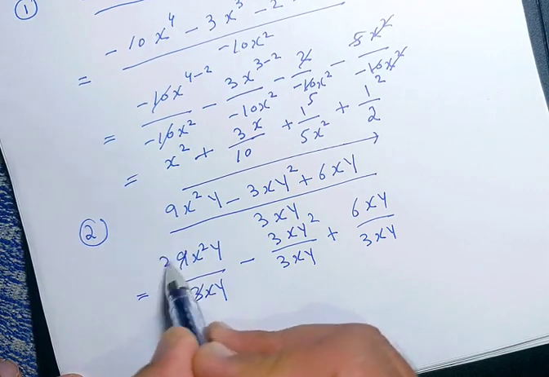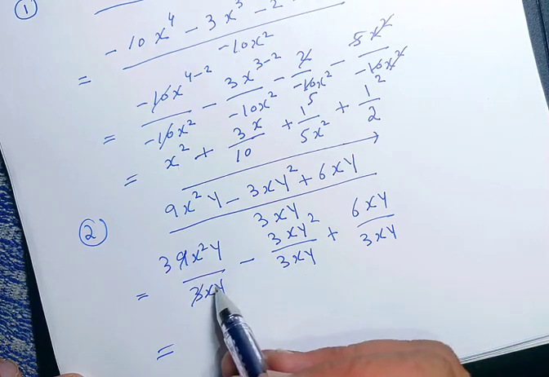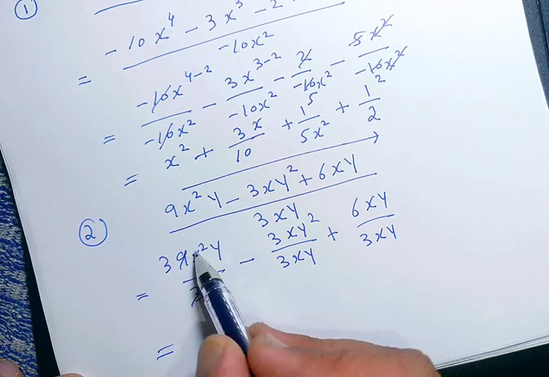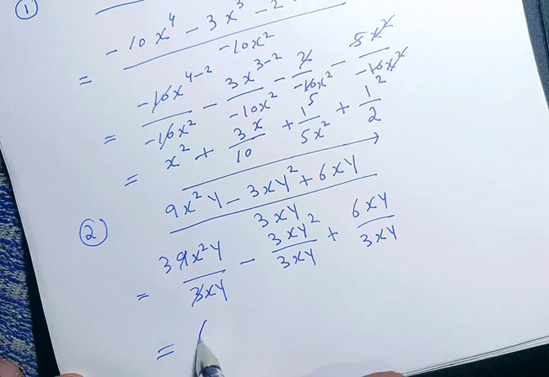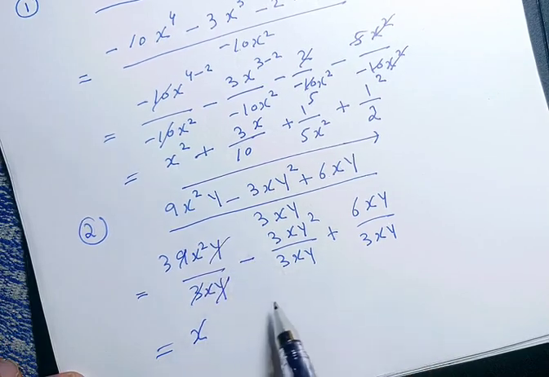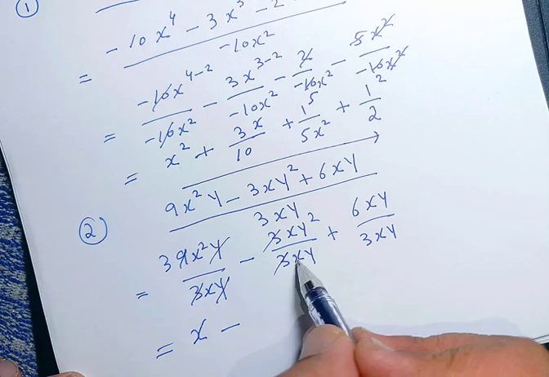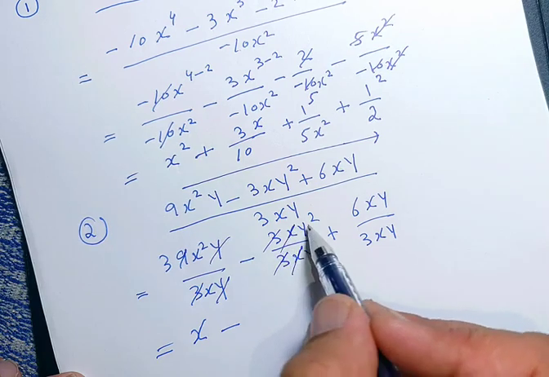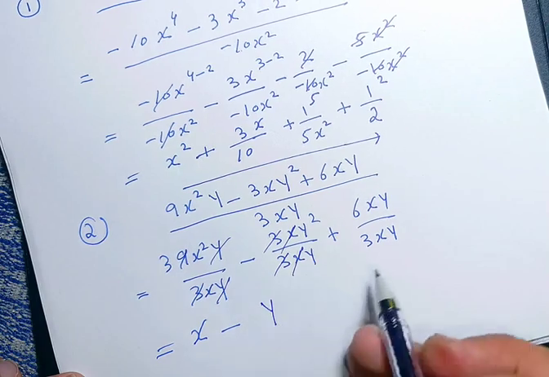This 9 is going to cancel out because 9 divided by 3 is 3, 3 divided by 3 is 1, and this x power 1 and this is x power 2. When you divide, the power must minus, so only left 1x. Y and y cancel out like term, and again minus 3 and 3 cancel, x and x cancel, and y power 2 minus this y, only left 1y.